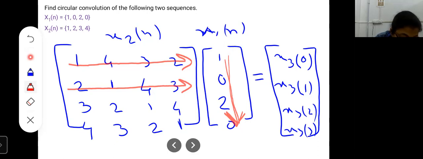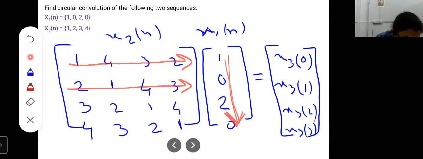If not, then by zero padding make the lengths the same. Then draw the circles, or you can use the matrix first. Next step is to choose which sequence you want to shift, which sequence you want to choose for circular shift, and find out its time reversal. So that means x2(-n).